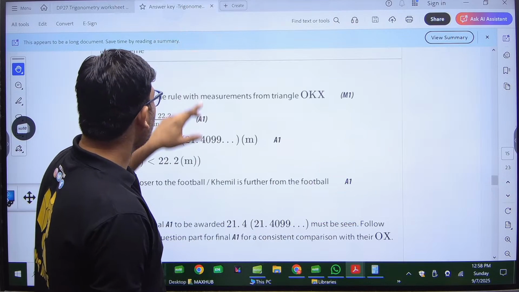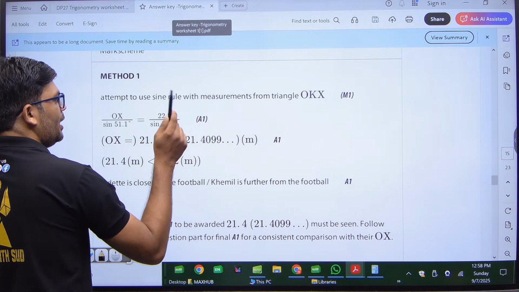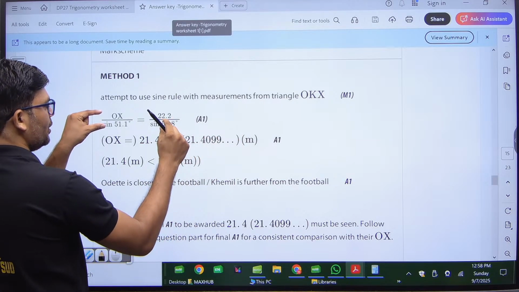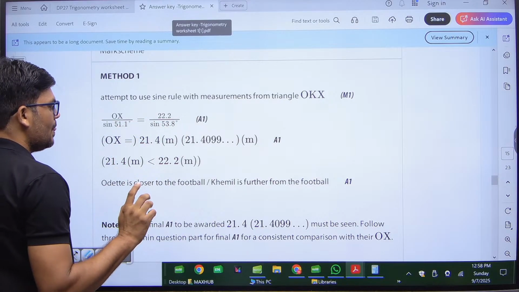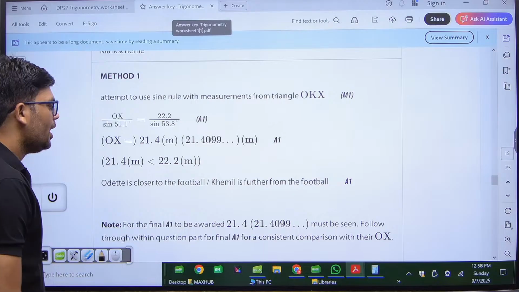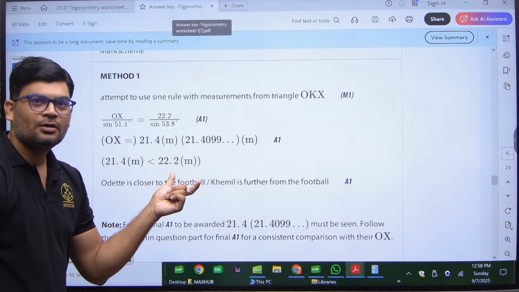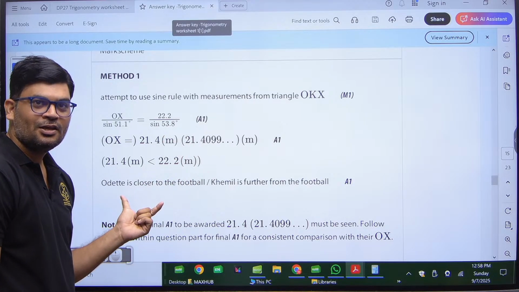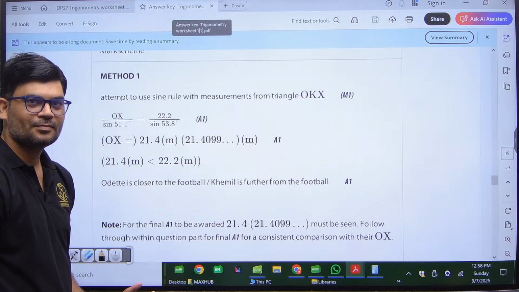So 1 mark will be given if you are approaching the sine rule, and 1 mark if you write the formula. And 1 mark will be given if you find the value, and then 1 mark if you can conclude who is closer. They are thinking that you are so dumb that you can't write this as well. So if you write this as well, then you will get 1 mark as well.